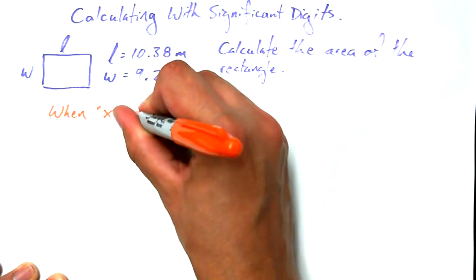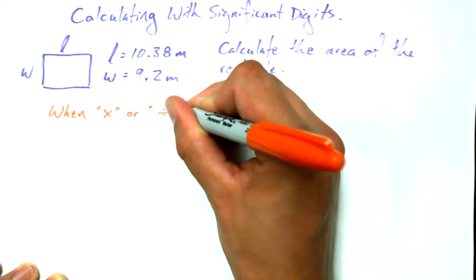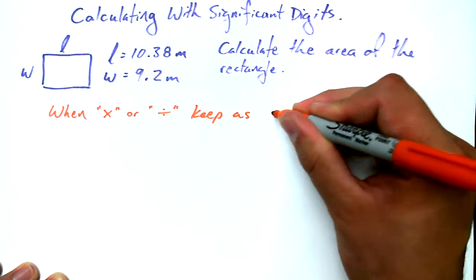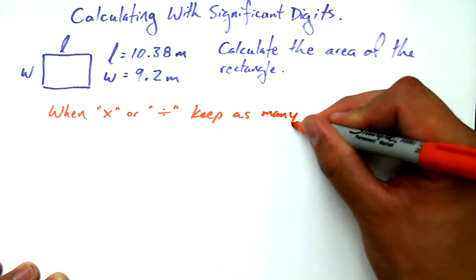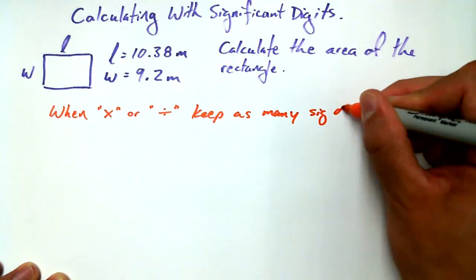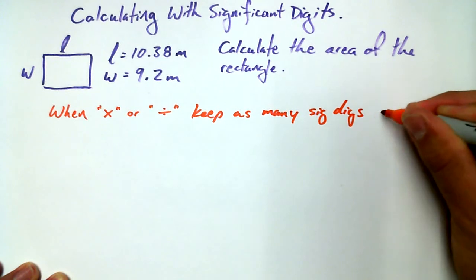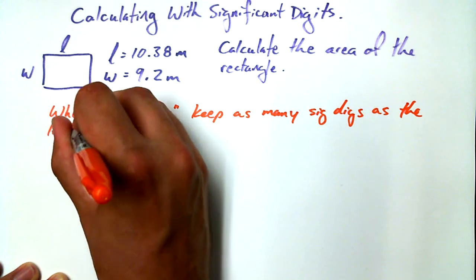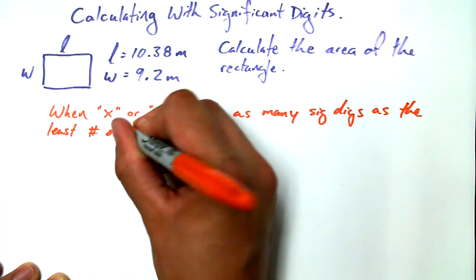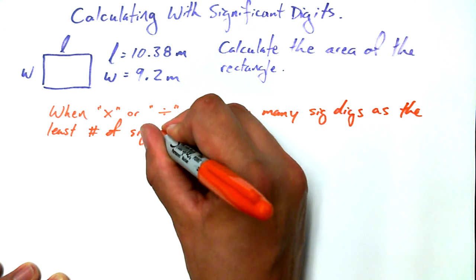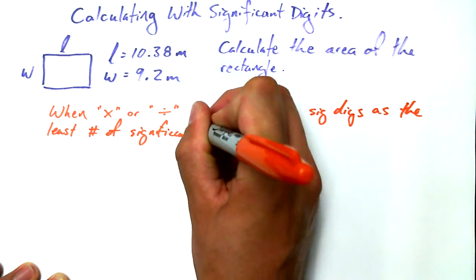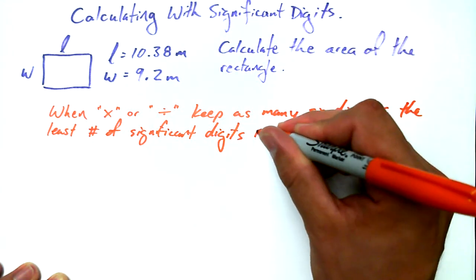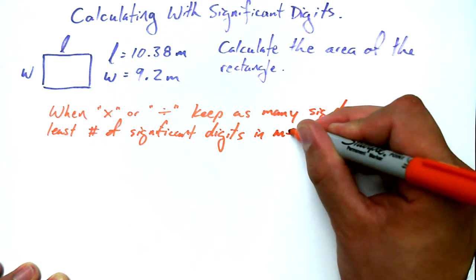When multiplying or dividing, keep as many Sig Digs, significant digits, as the least number of significant digits, Sig Digs, in your measured values.